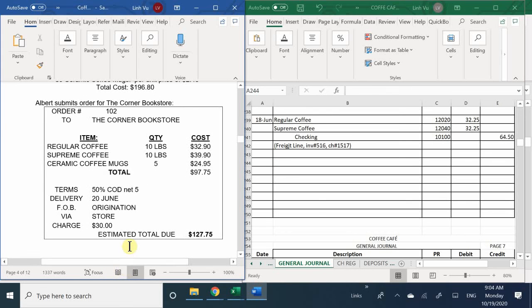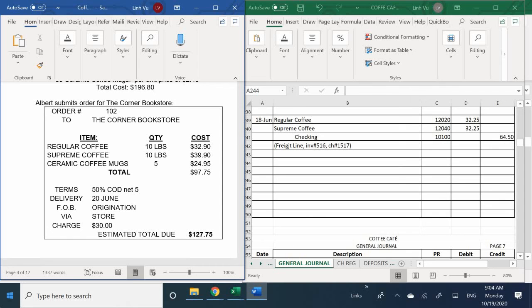Albert submits the order for the coffee for the Corner Bookstore, entering the employees under him. Okay, so we're gonna fill in the commissions, right? Correct. Did we actually do the service yet? No. He's only submitting the order right now. So just like us doing a purchase order, we're going to keep track of his sales.